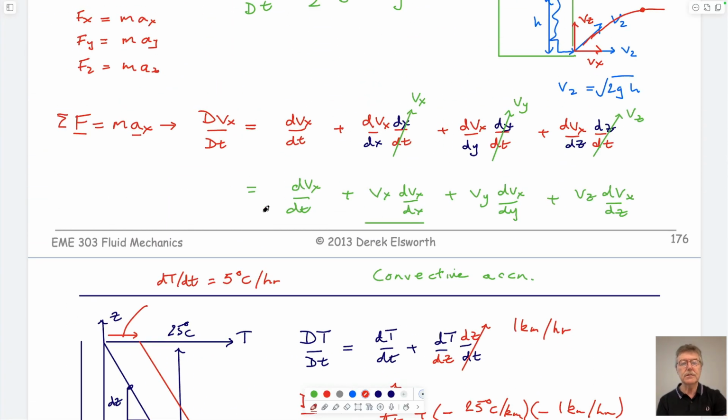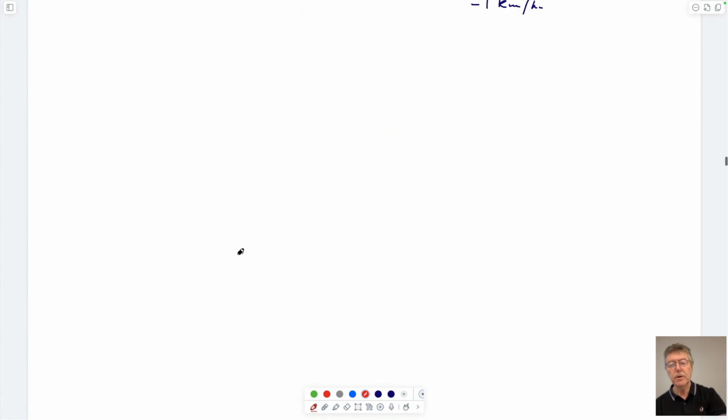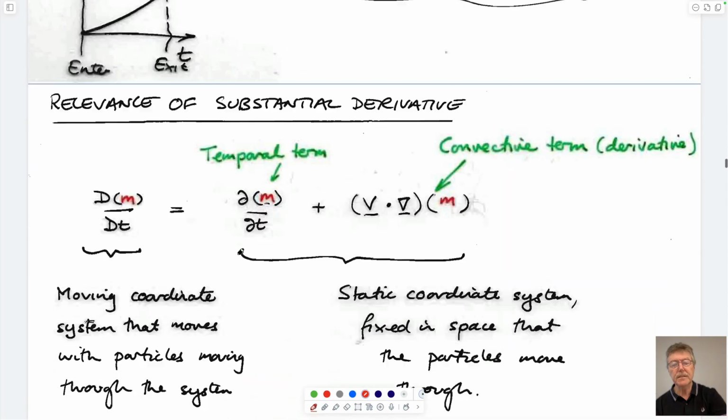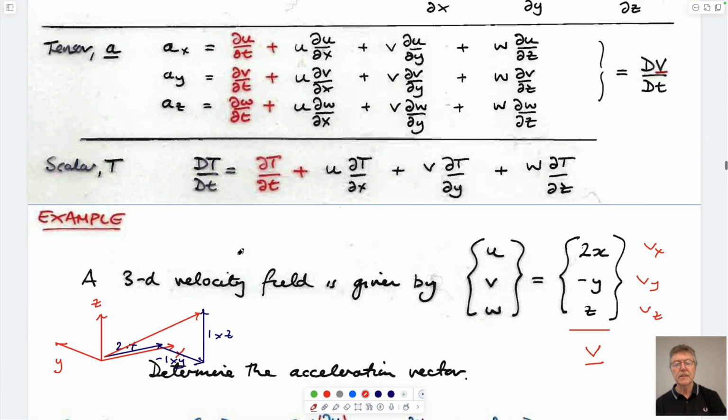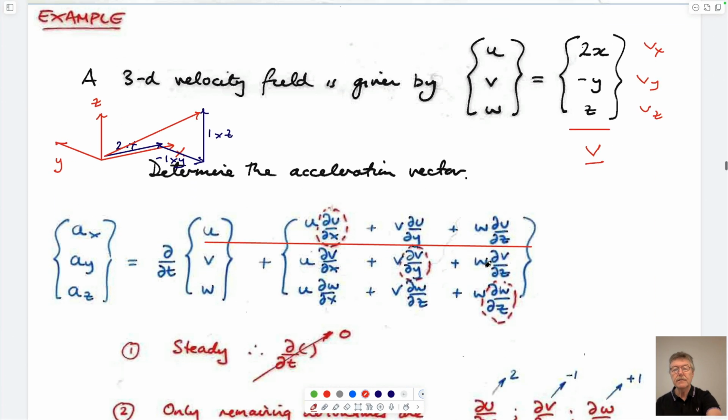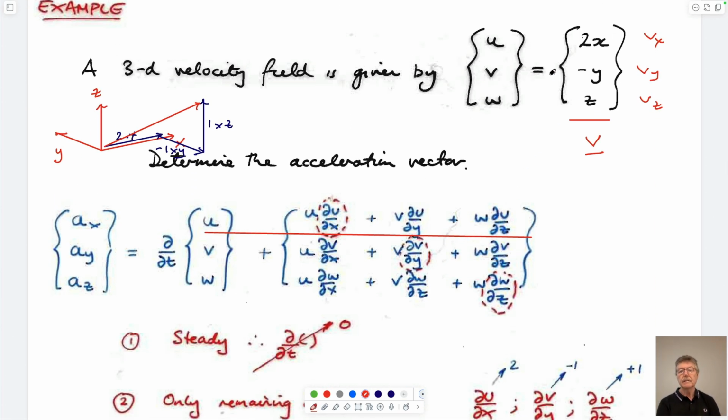We did it only for x, but we could do it equally well for y and z. And if we'd done that, then if we know what the velocities Vx, Vy, and Vz are, then we can calculate what these components are.